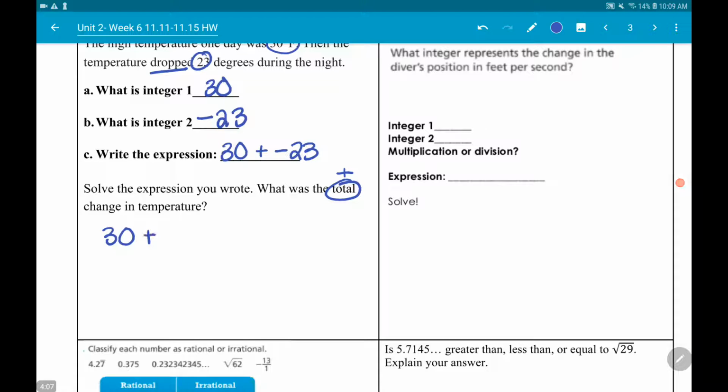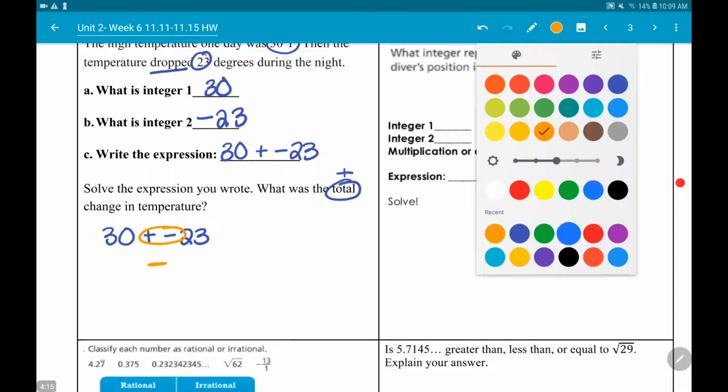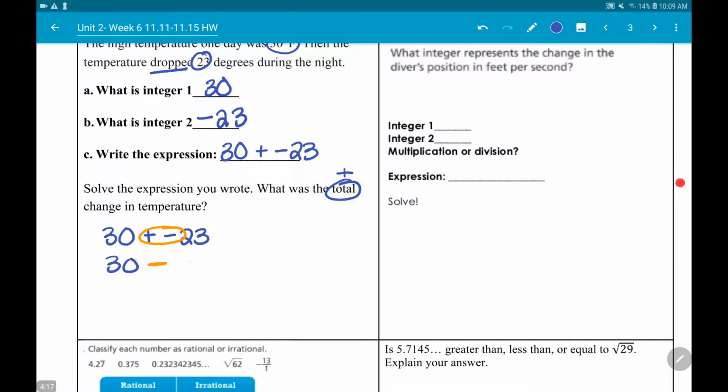Solve it. I have double signs. They are different, so that changes to a subtraction. And then we just have standard subtraction here. 30 take away 23. That gets me 7. But 7 what? What am I talking about? I need to make sure to answer the question in complete sentences.